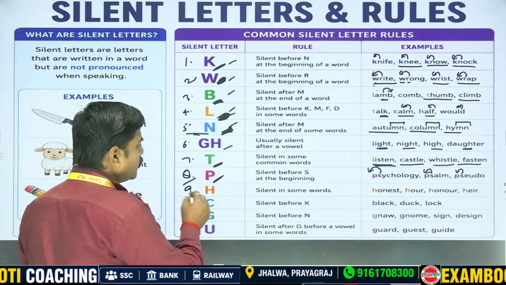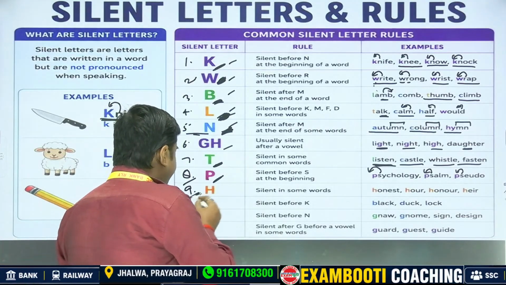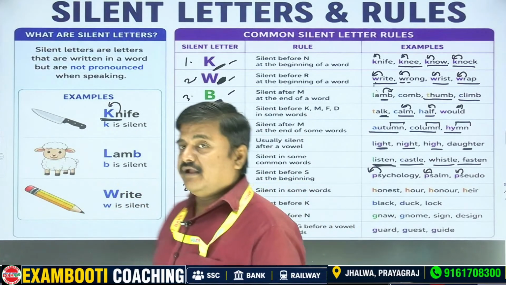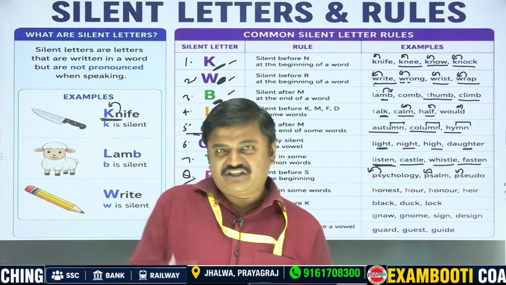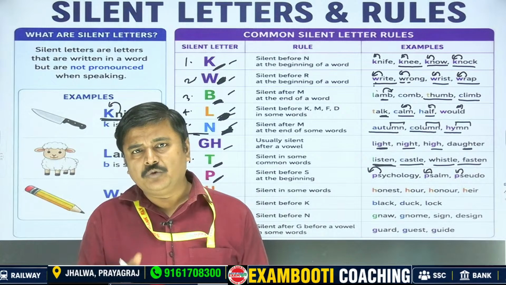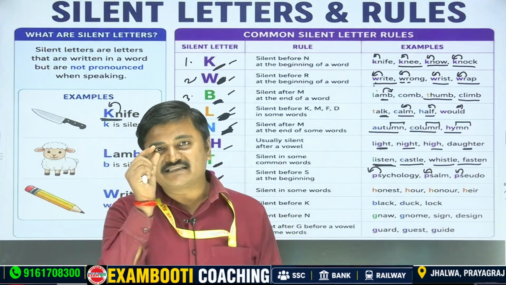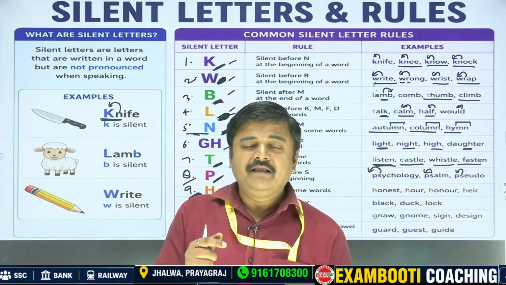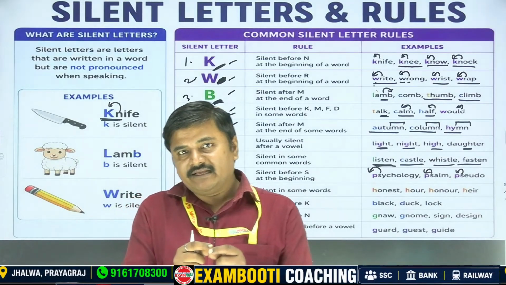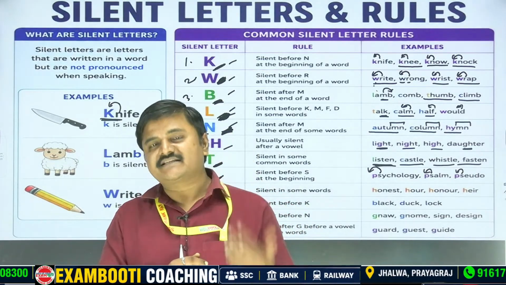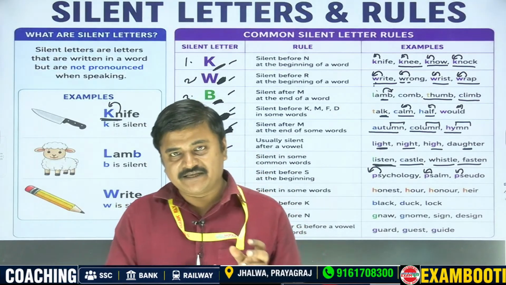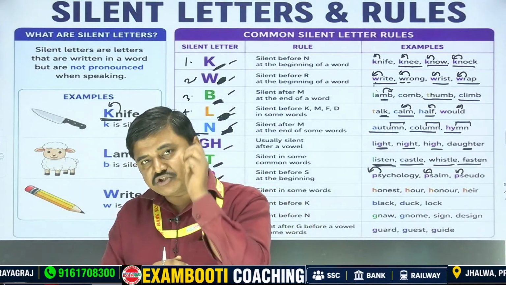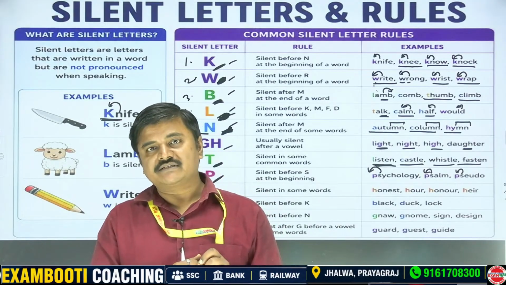Now the 9th rule is associated with the sound H. Like you have just learned in the rule number 7, the sound of T becomes silent in some words, but there are no certain exact rules by which you can be 100% sure to identify those words.